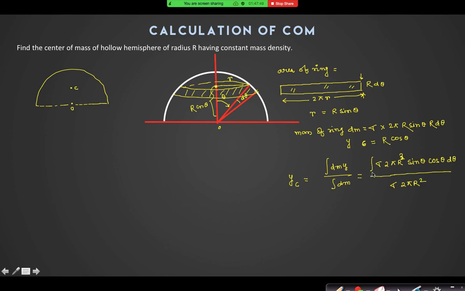Have I done it right? Check once. Can you tell me the limits of the integration? 0 to pi by 2. Yes, it is not minus pi by 2 to plus pi by 2 because the ring also lies on this side. So it will come from 0 to pi by 2.